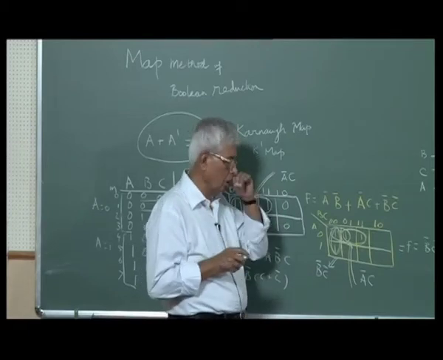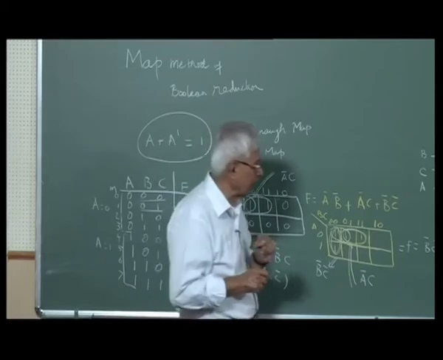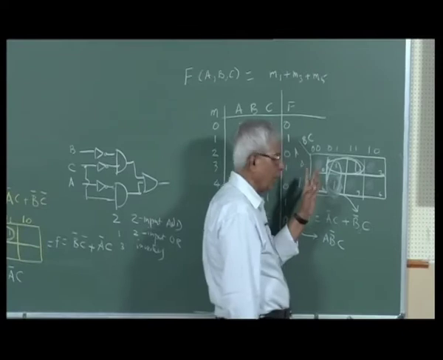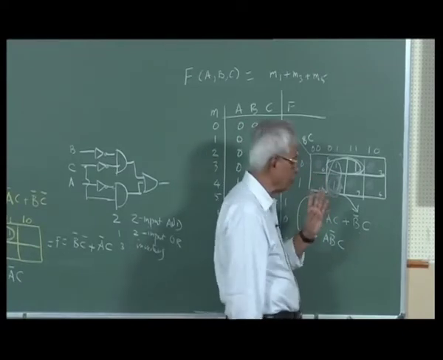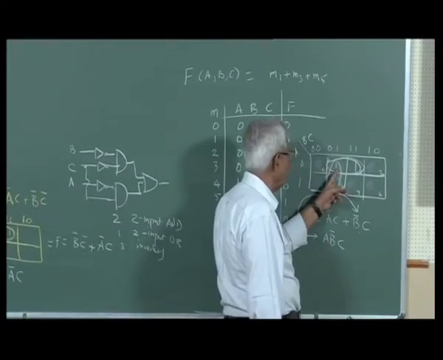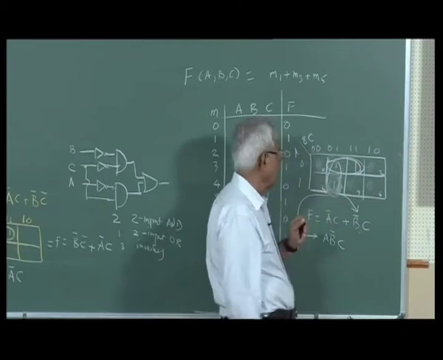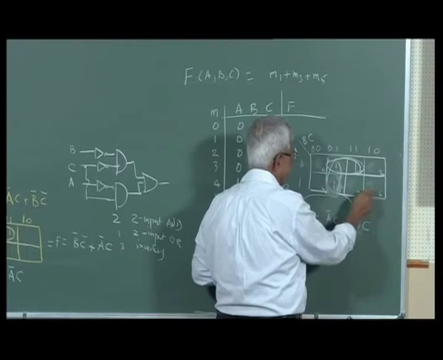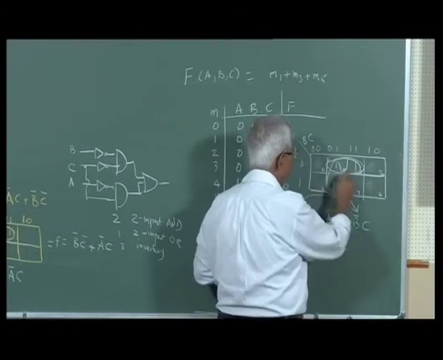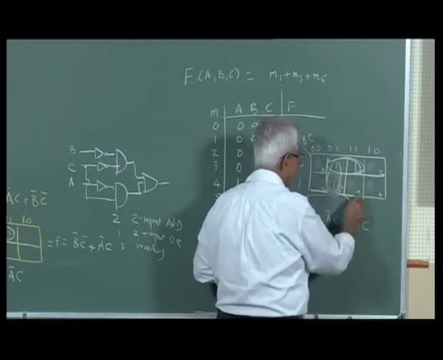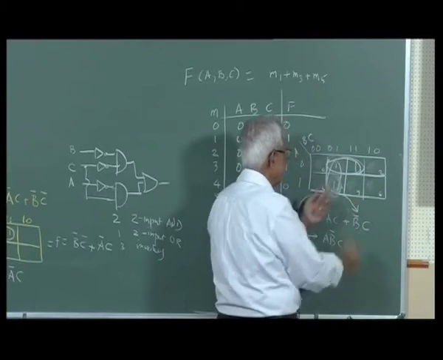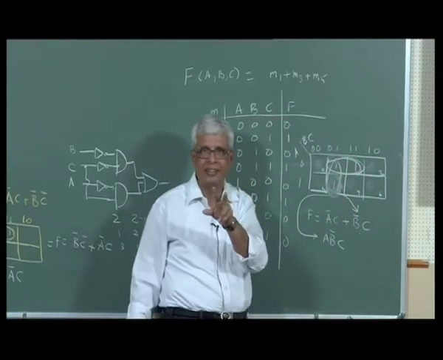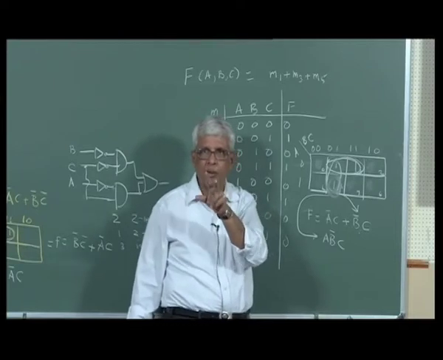Now, one other thing I want to tell you before I move on. I have 8 minterms, 0 to 7. I did not write 0, 1, 2, 3, 4, 5, 6, 7 in order; I wrote them in a different order. The reason is I want two cells to be adjacent, where only one term is different.